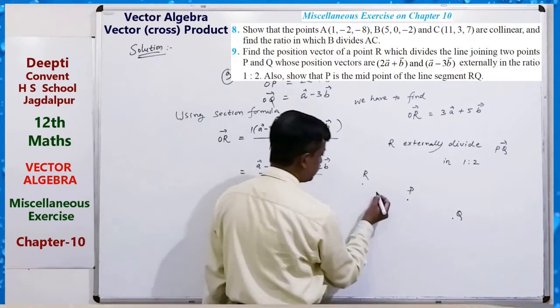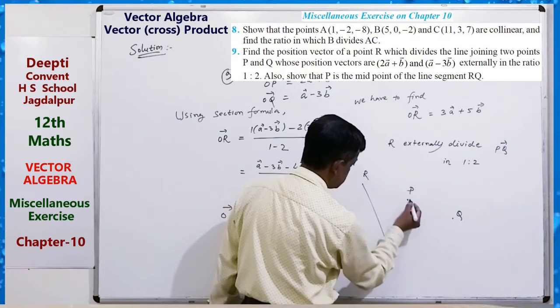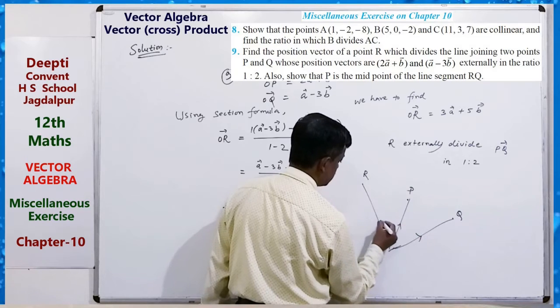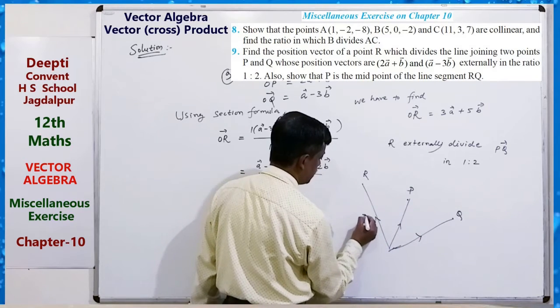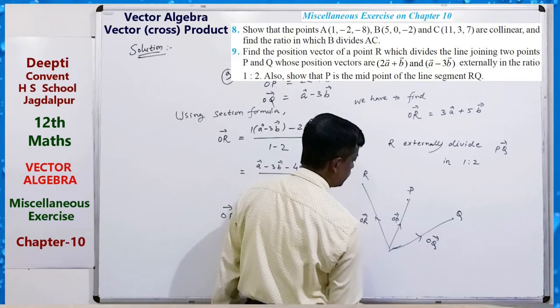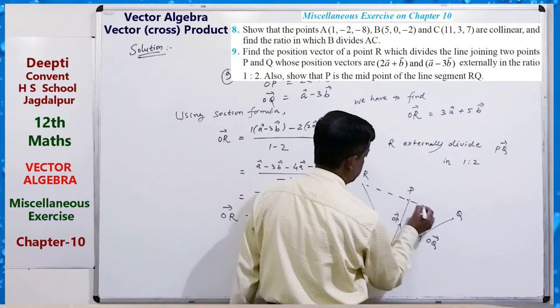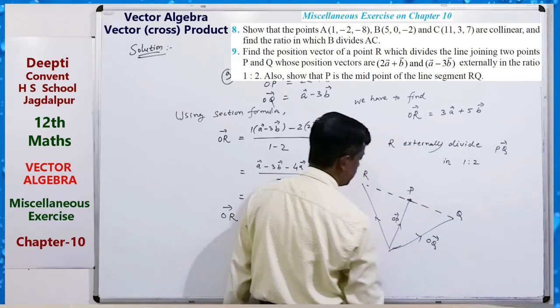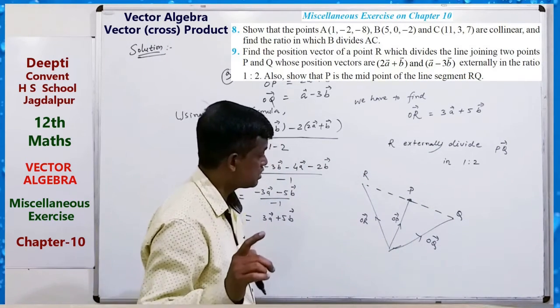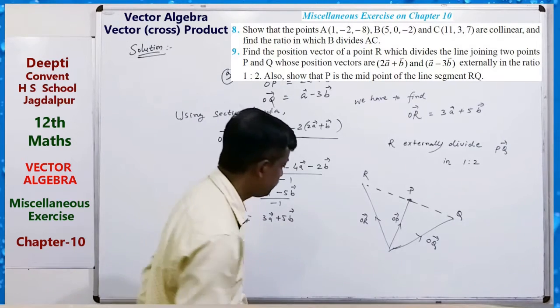Now we have to show that P is the midpoint of RQ. So here OR, OP, OQ. This is a line, and P is the midpoint. So just find the midpoint of RQ.